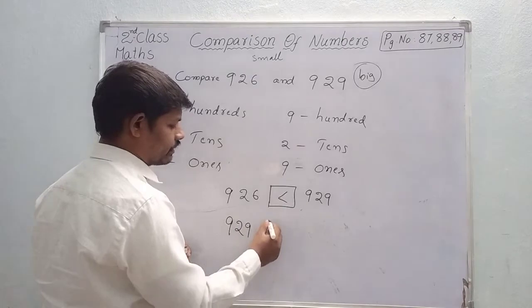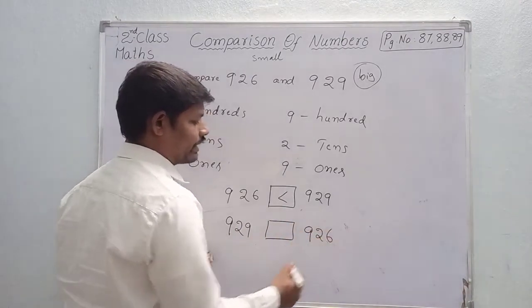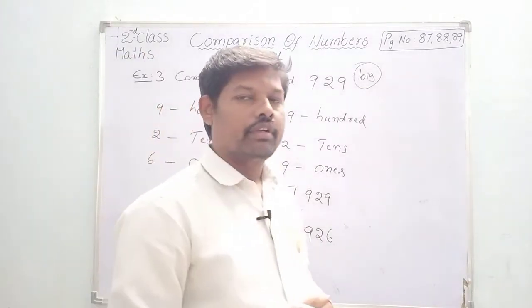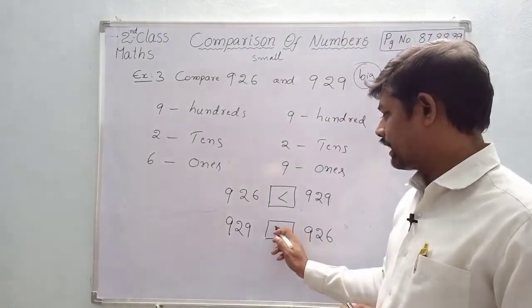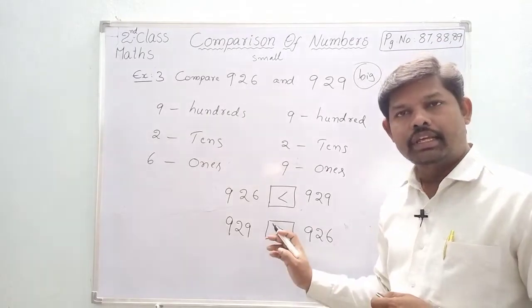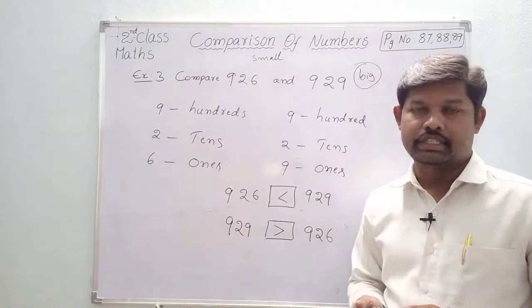For example, 929 left side is there. 926 right side is there. Which symbol you have to write now? Tell me. Yes. Which symbol? Greater than. Because 929 is big number, greater than 926.